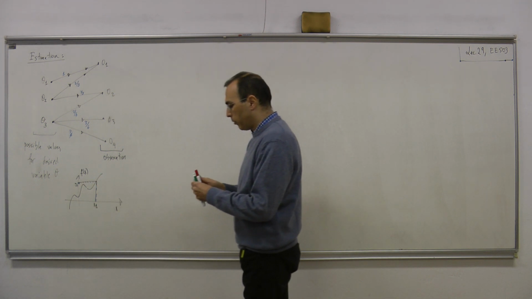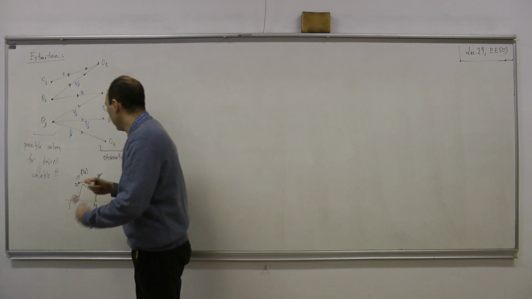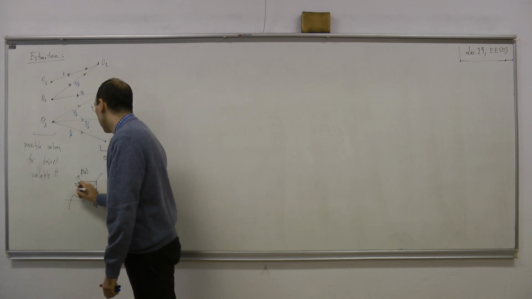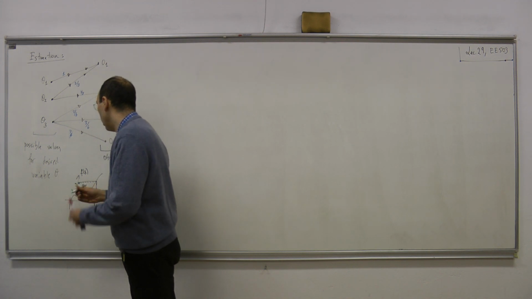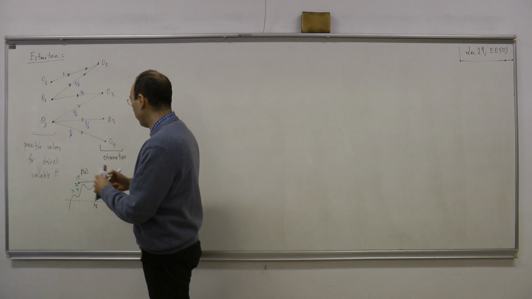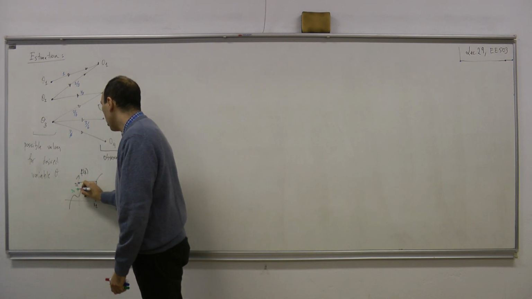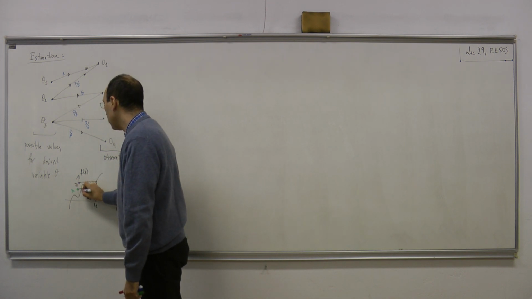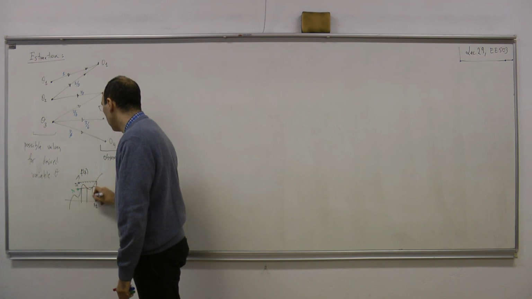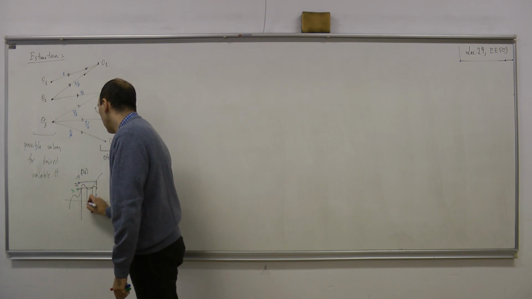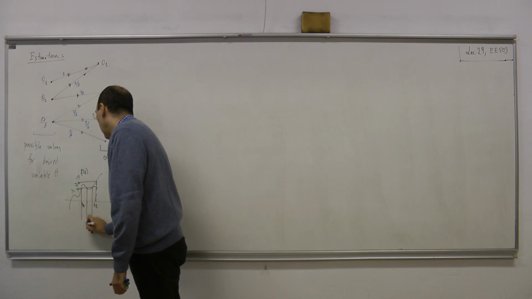But what happens if I observe, for example, this quantity, let's say y2 over here? Now, this function is not invertible because for y2 I have three possible x values, let's say xa, xb, xc.